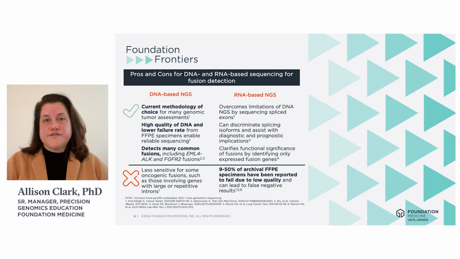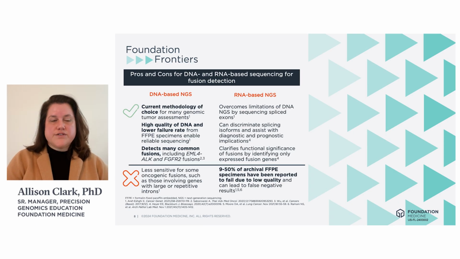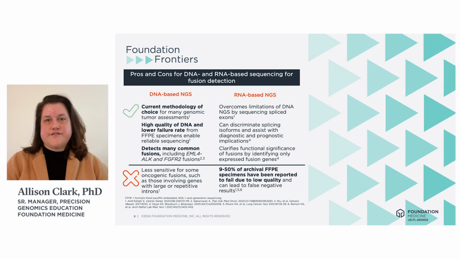RNA-based NGS does overcome this limitation of DNA-based NGS by sequencing across spliced exons. It can help discriminate splicing isoforms, and it can also clarify the functional significance of fusions by only identifying those that are expressed. However, we do know that RNA-based NGS has a high failure rate, with anywhere between 9 and 50% failure rate being reported in the literature.